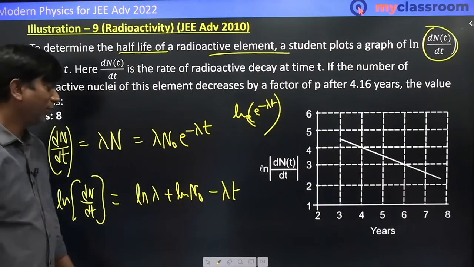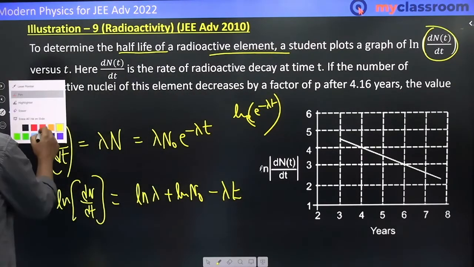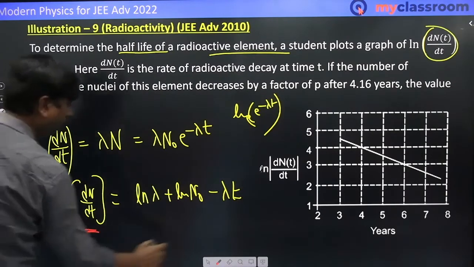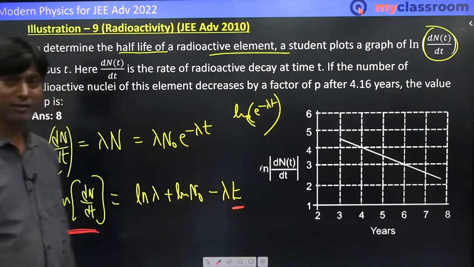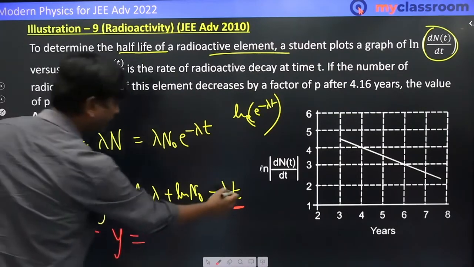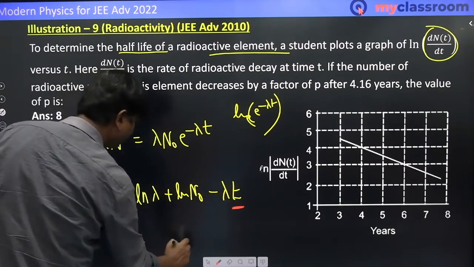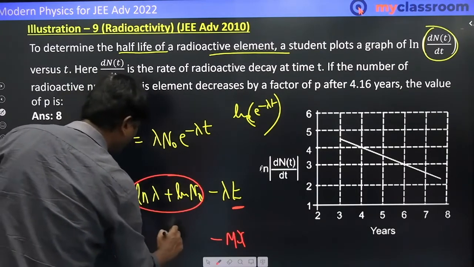Okay. Now here clearly they are plotting the graph between this one and t, no? This is some y and this is x. So it is looking like y is equal to minus mx, no? And this all is some constant, so plus constant.